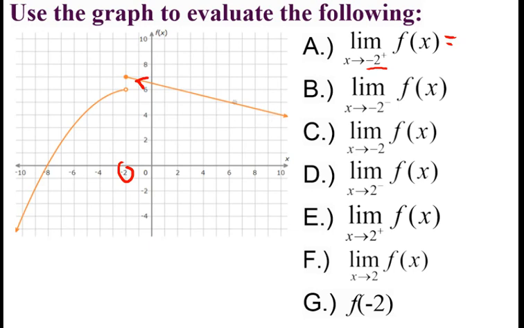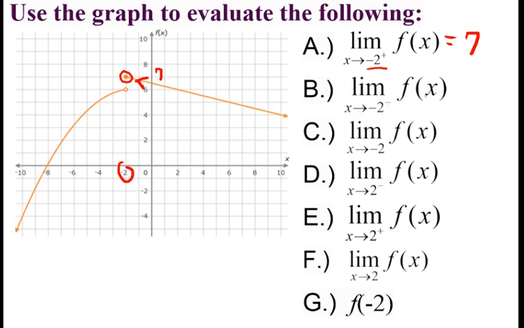And we want to know, as we get closer and closer to -2, what does the y value actually approach? And it looks like here, from the right, it's approaching closer and closer and closer to the value of 7. So coming in from the right, the limit would approach 7. But then part B says that x approaches -2 with a negative symbol.